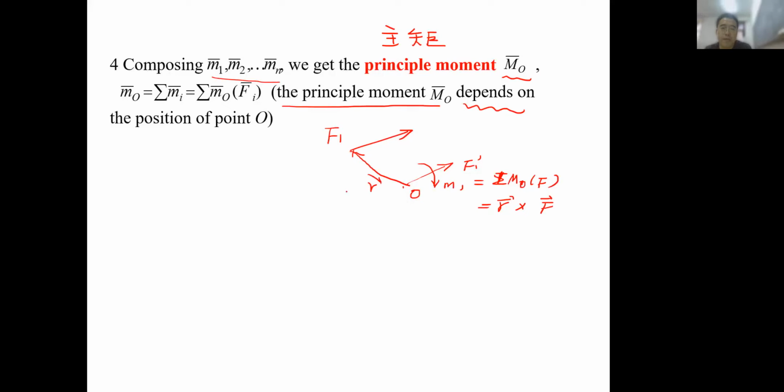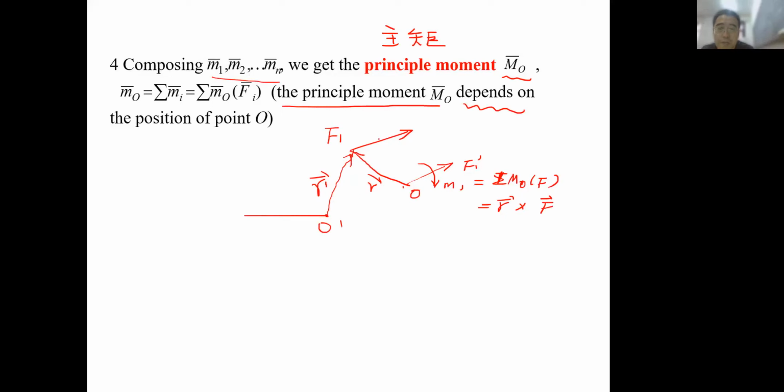Maybe the other time we select this O prime, and then you can see, if we link O prime, this R prime will be a different position vector. It's different from this one.